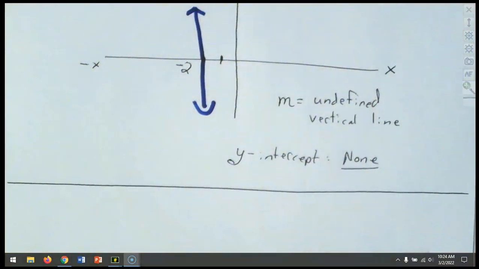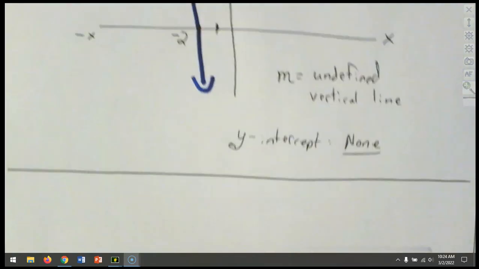The last part before we take a short break is parallel and perpendicular lines. Parallel lines are going to have the exact same slope.